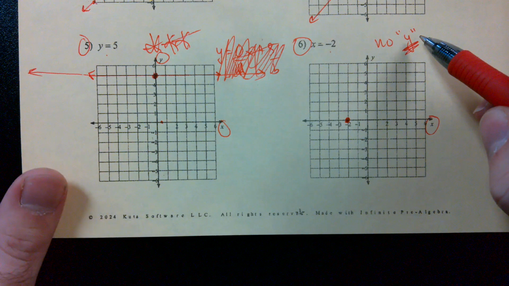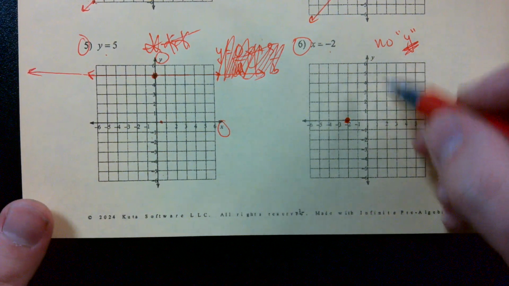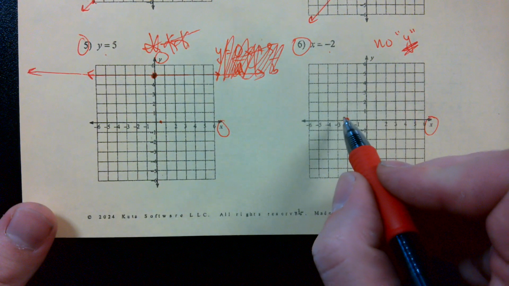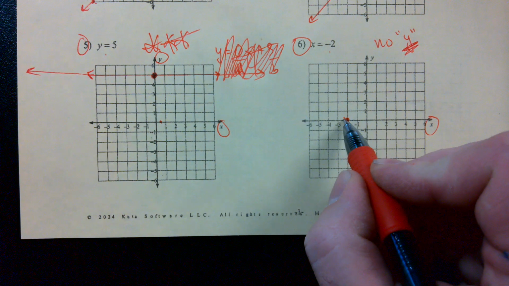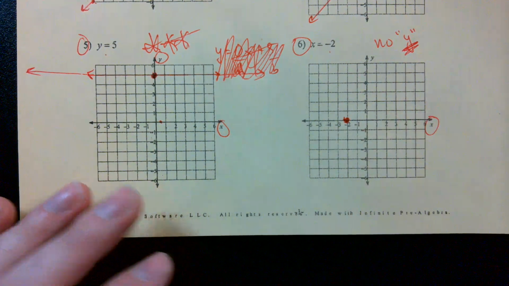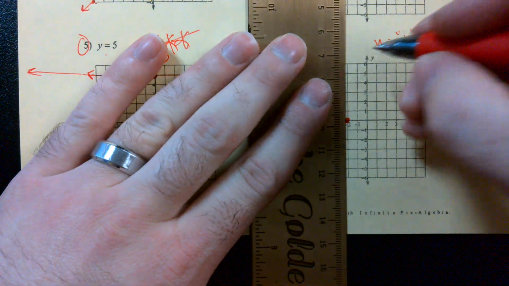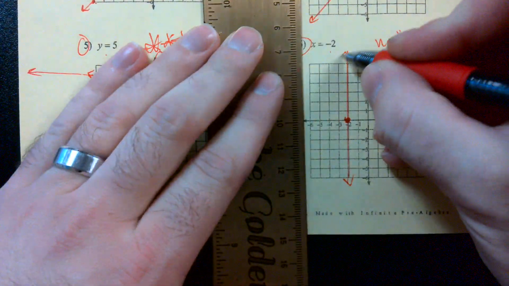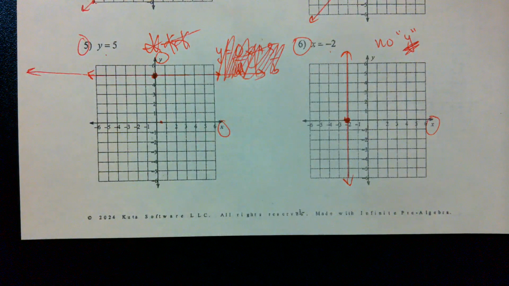Now, if there's no y, I need to draw a line that's never going to cross the y-axis. Through this point, what kind of line can I draw so that it never touches the y-axis? Vertical. A vertical line, right through -2. There's the line x is equal to -2.